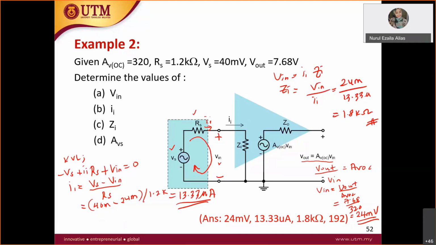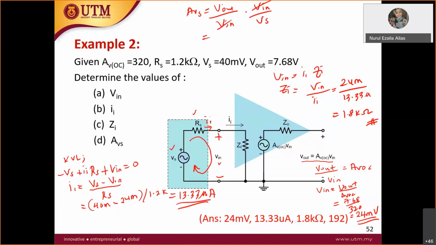All right, great. So AVS, do you know how to get AVS? Since I have started calculating it, AVS is equal to what? The output over the input. Yes, V out over V input, times V input over VS, right? It's like you cancel out, but you don't actually.